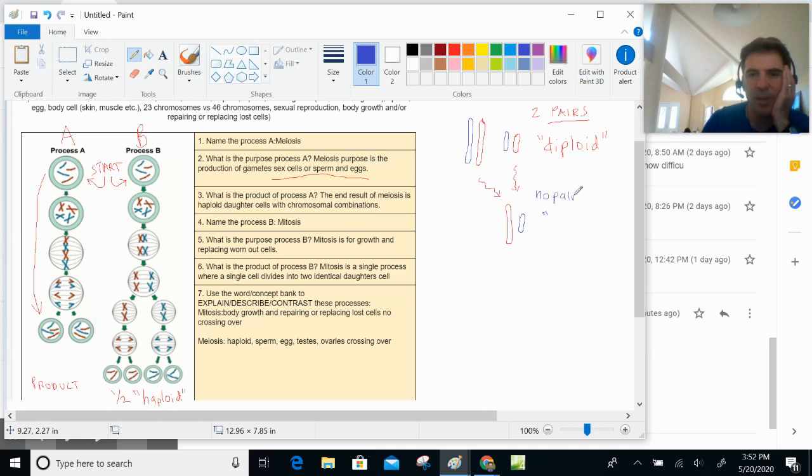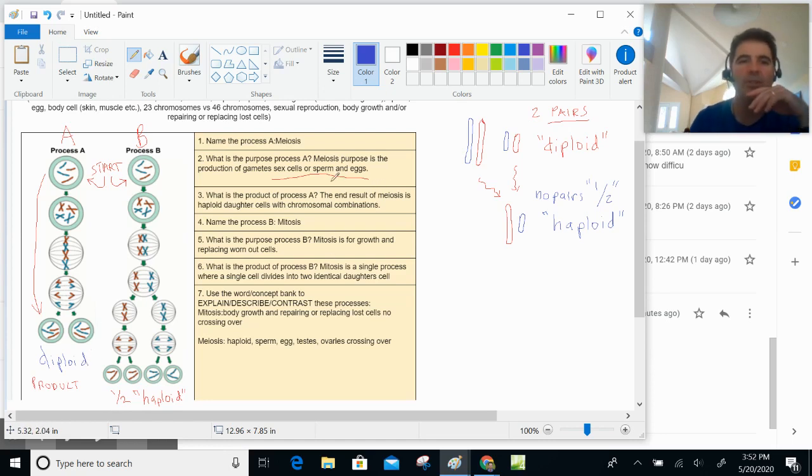If it has no pairs, it's half, and that is haploid, haploid half. So when you look at this, these are haploid and these are diploid, because they have pairs.